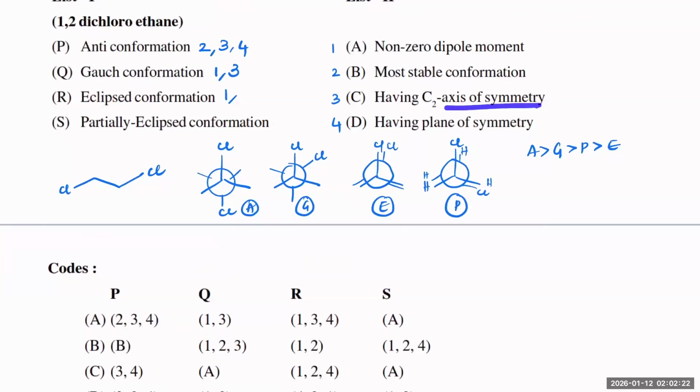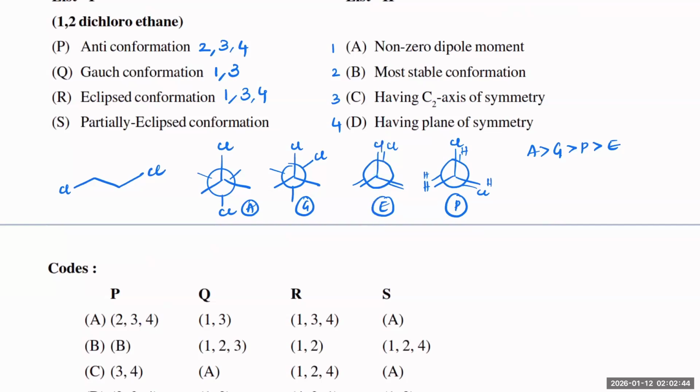Yes, indeed. The axis passing through it can repeat the chlorine in the same direction again. So yes, it can have a C2 axis of symmetry. Okay. Does it have a plane of symmetry? Yes, indeed. It has a plane of symmetry here. Got it? Because you can see directly this plane itself can act like a plane of symmetry in this case.